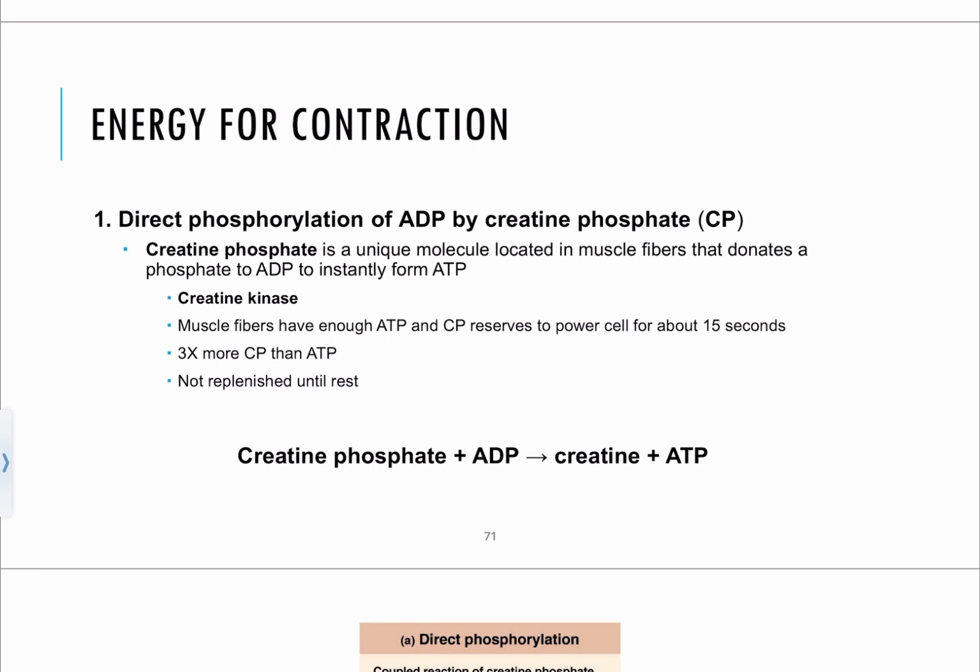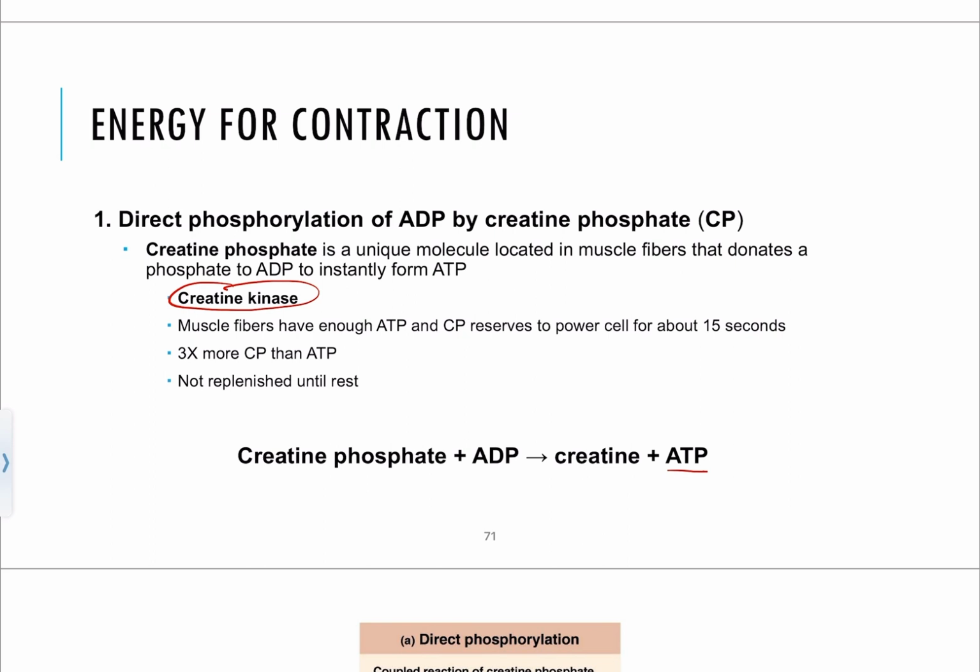We have creatine phosphate in our muscle cells just like we do ATP. As soon as we deplete the stores of ATP that we have in the cell, an enzyme called creatine kinase comes in and takes the phosphate from creatine phosphate and attaches it to ADP, adenine diphosphate, so that we get ATP, adenine triphosphate.